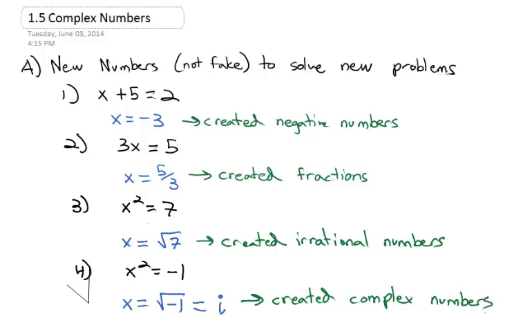Now I want to get a hold of a guy who called these imaginary numbers because it creates an illusion that these numbers are fake. The word imaginary numbers was used to be kind of the almost humorous opposite of the real numbers. Well, if they're not real numbers, they must be imaginary. But imaginary does not mean they're fake or some figmentation of some person's imagination.